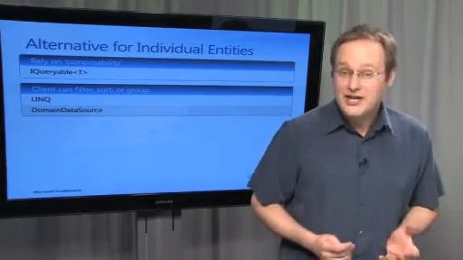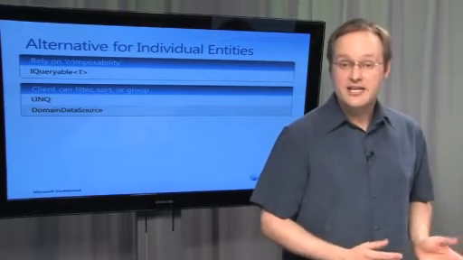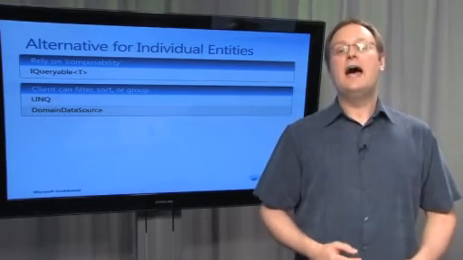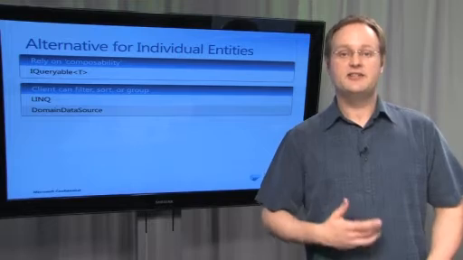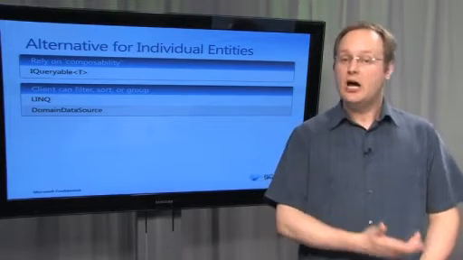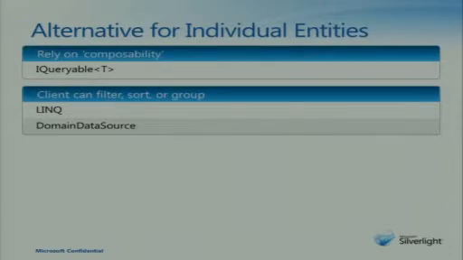And the query actually ends up getting sent by RIA Services to the server and then interpreted on the server. So the server actually runs the query even though we wrote the code on the client. And then I just get back the entities I'm interested in. So I can do this with a LINQ query, or I can even do this through the DomainDataSource wrapper that the RIA Services wizard gives me when I drag a data grid onto a form. So I've got a number of options here.